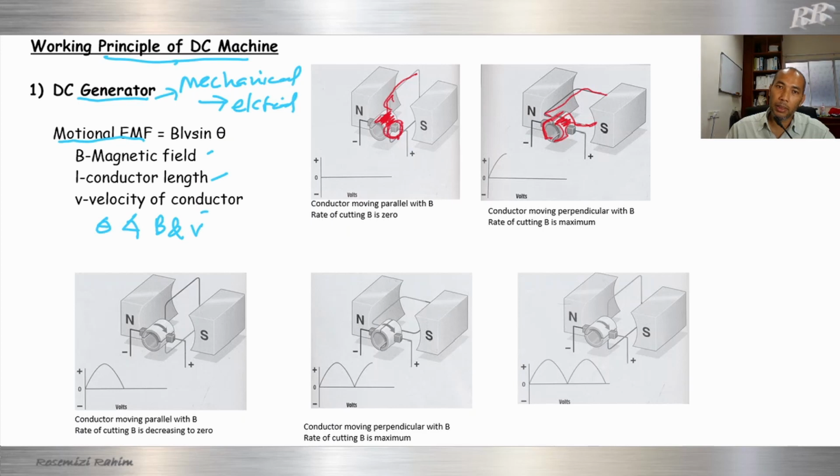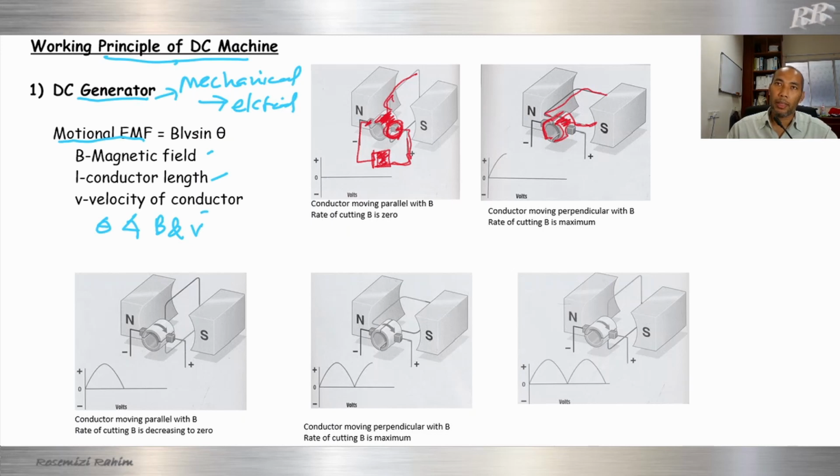The function of the brush is to connect the rotating part and the external circuit. This one we call the external circuit. The external circuit is fixed, not rotating, static.